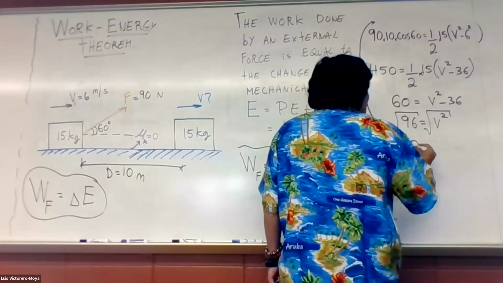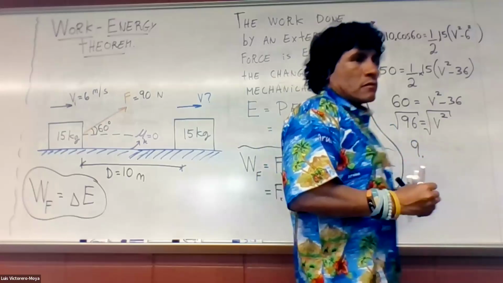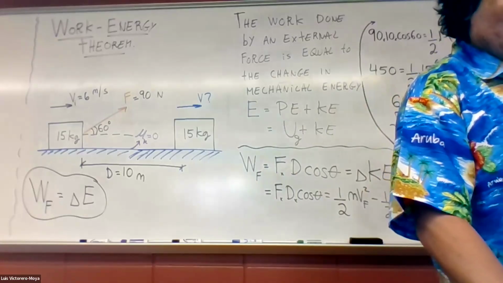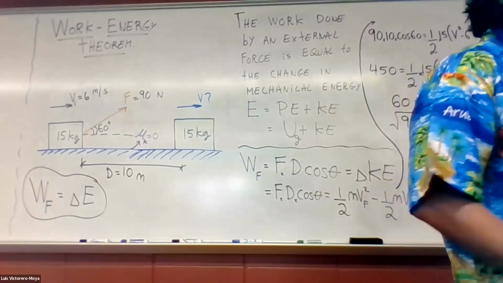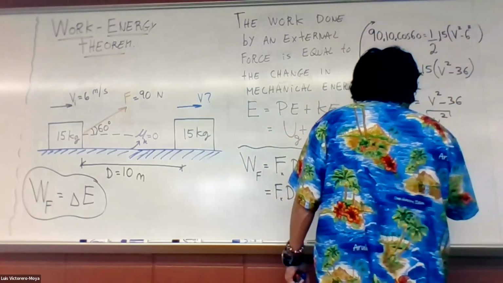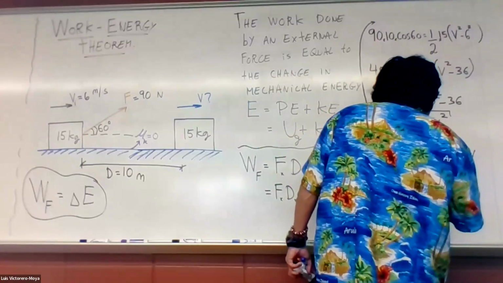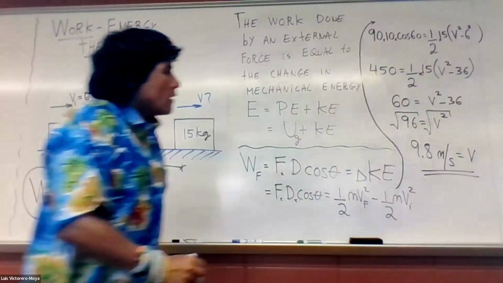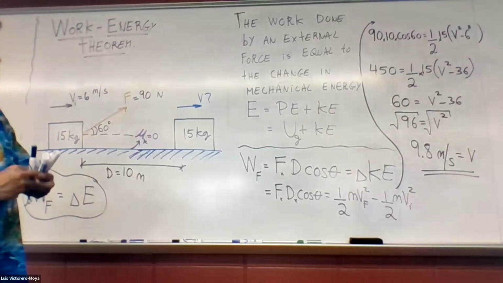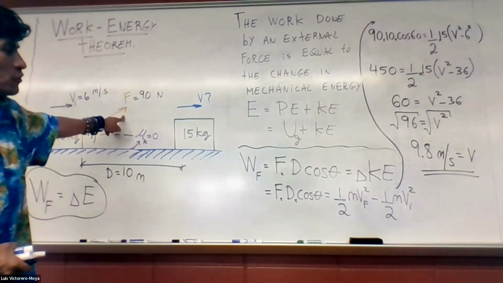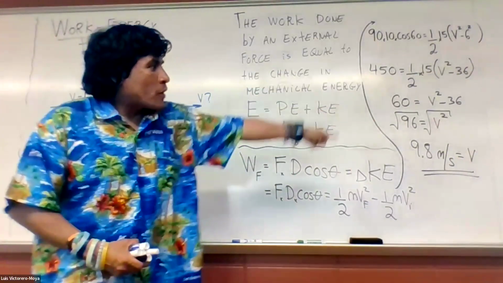That's about 9 point something, 9.7 probably. Yeah, 9.8. So there you are. Now you can find the speed of a mass due to an external force by using the work energy theorem.